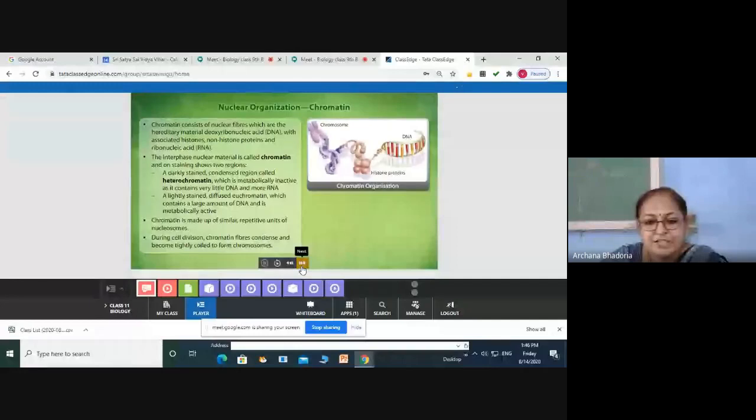So you can write down: the chromosome consists of two rod-shaped structures called chromatids, which are joined in the center by the centromere.